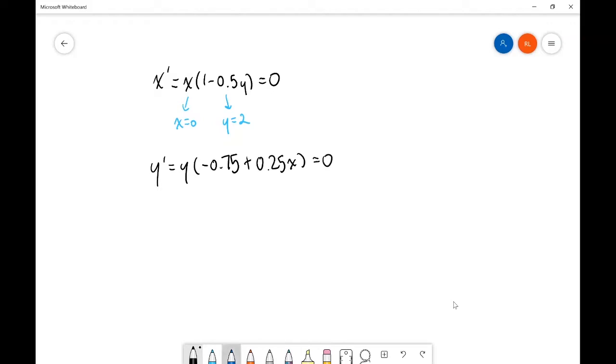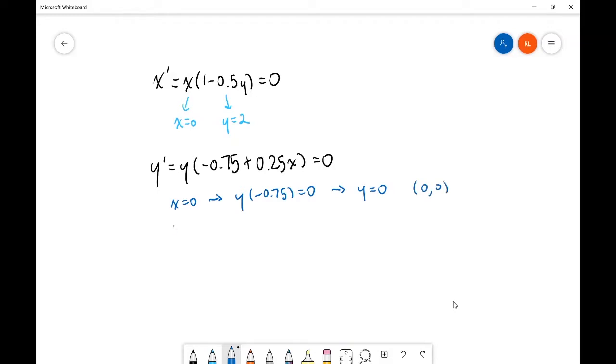Now when x equals 0, we have that y times negative 0.75 is equal to 0, and this means that y is 0. So one of our equilibrium points would be (0, 0).